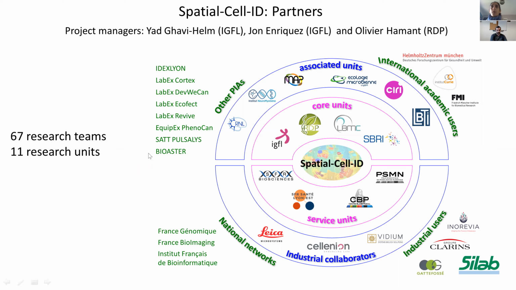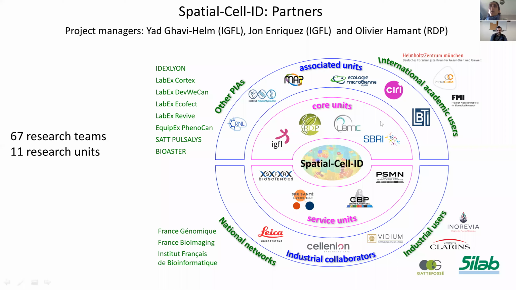When we built the project, 67 different research teams from 11 units of Lyon were interested. We can group them in two groups: the core units, which are the IGFL, RDP, LBMC, and SBRE, which are units that either host equipments or will be most involved in the first developmental phase of the project. There are also, very importantly, their associated service units, SFR Biosciences and SFR Santé Lyon-Est for the wet lab part, and PSMN and CBP for the informatics infrastructure.